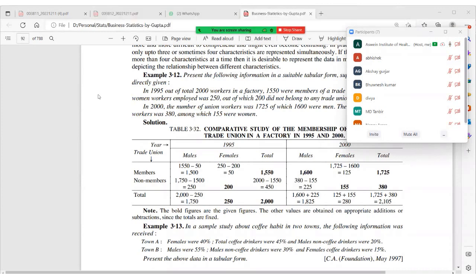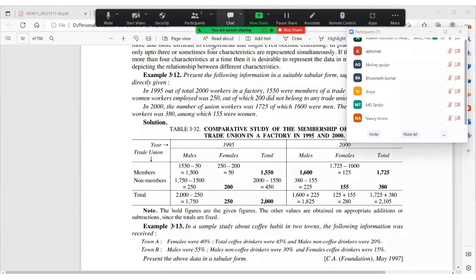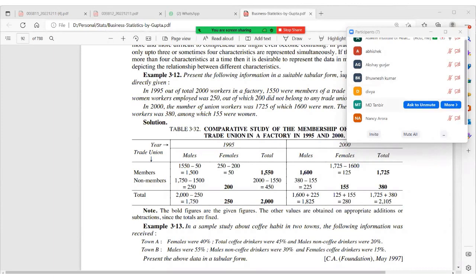Yes. Done or not? Can I do? Hello. Can I? Yes, sir. I've done for town A. I've completed. Town A completed. Yes, any other?